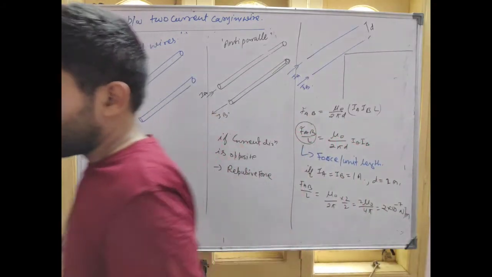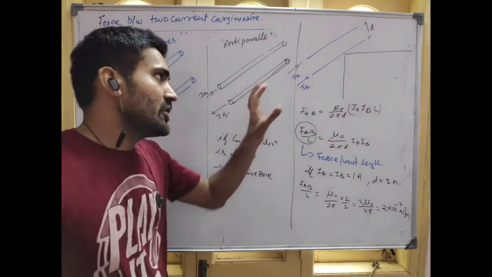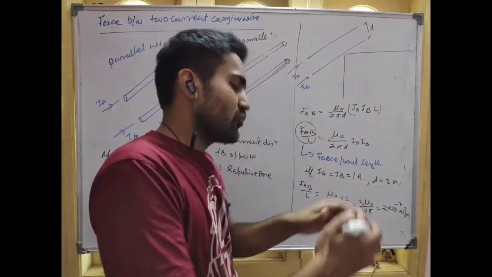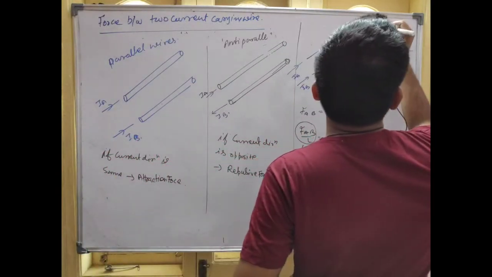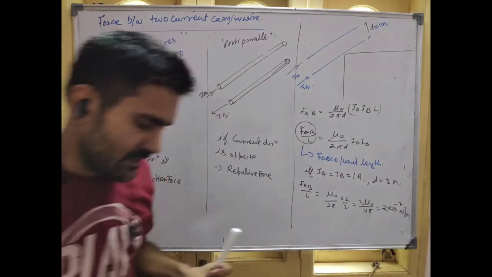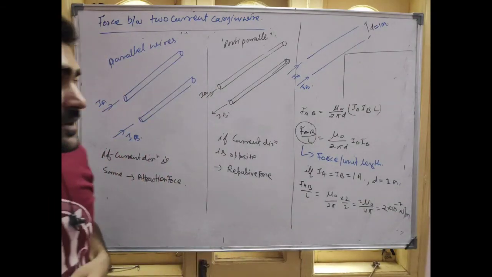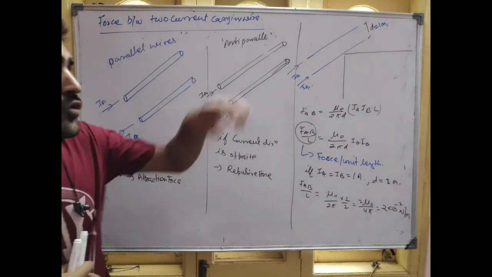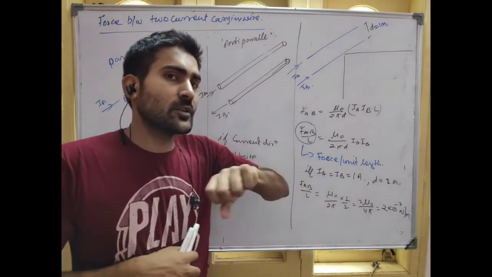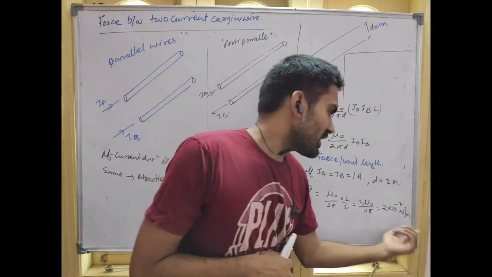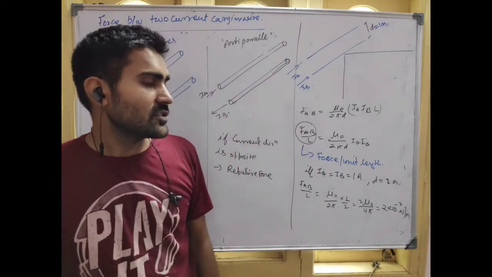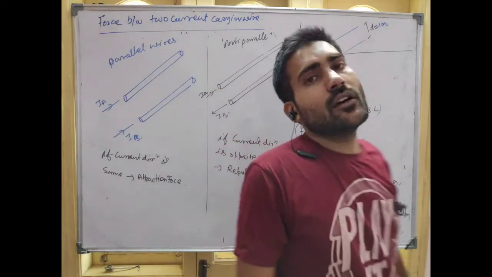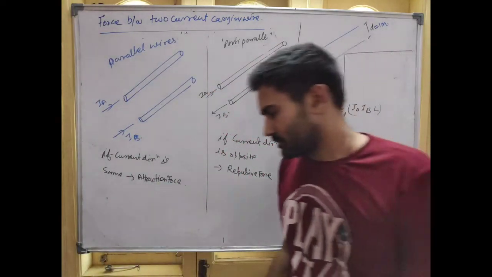Just listen one more time. If the separation between two wires is 1 meter and the force per unit length we are getting is 2 into 10 raised to the power minus 7 Newton per meter, can I say the current in the wires is 1 ampere?